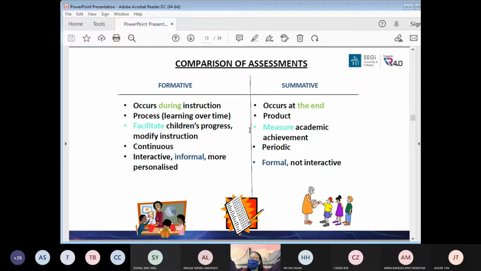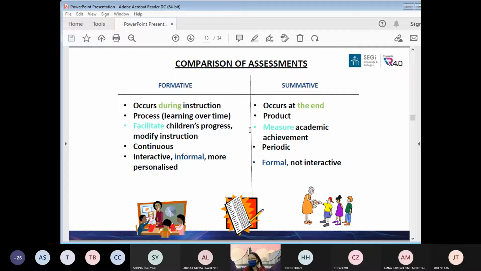Every time I ask you, it's talking, interactive. All right, and it's informal. Okay, it's not a formal thing where when I ask this question, I must ask everybody the same question. No, I can ask Emna one question, I can ask Abigail another question, I can ask Hong Hui Hua another question. Yes? So that is formative. And it's more personalized because I ask individually.